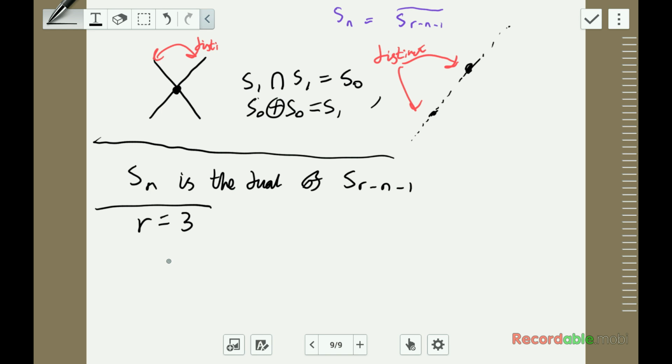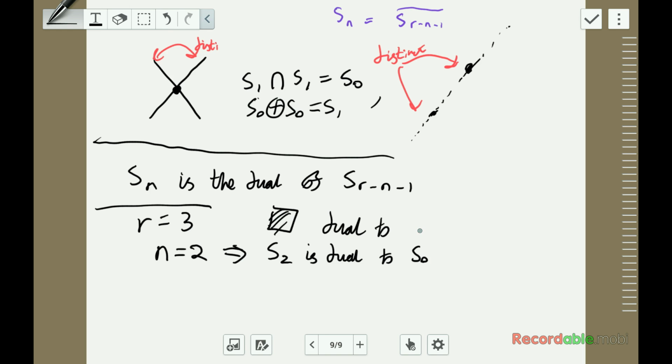Say we put n equals 2. Then n equals 2 gives us that S2 is dual to S(3 take away 2 take away 1), which is S0. So in other words, in 3D space, planes are dual to points.